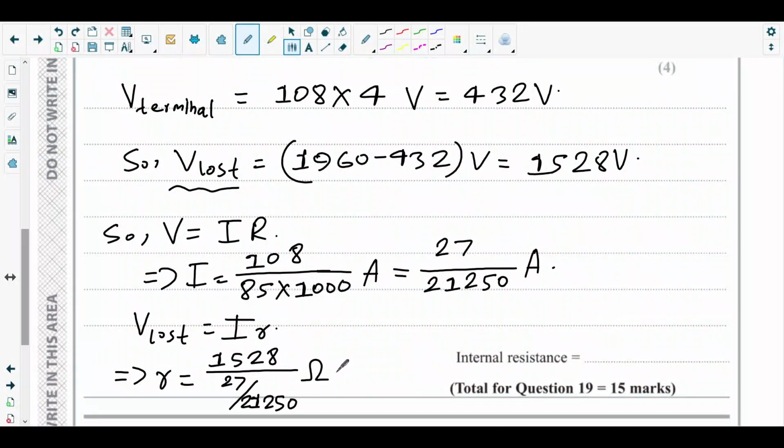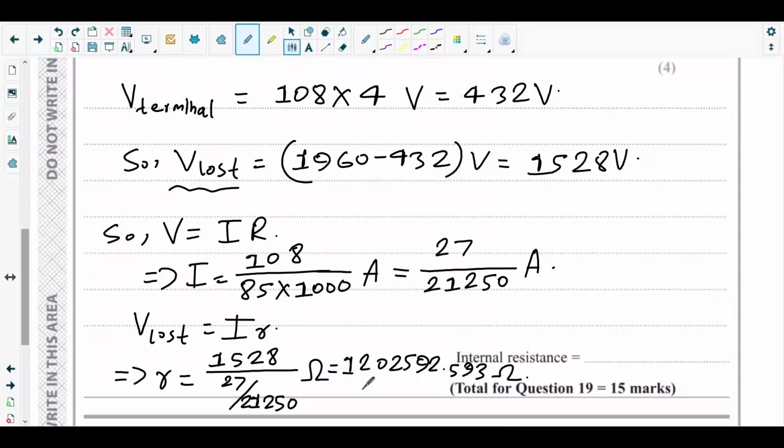The unit for resistance is ohm. So let's find out the value. 1528 over 27 over 21250 would give you, that's a very large number, 1202592.593 ohm.